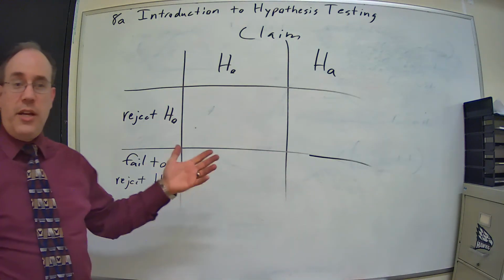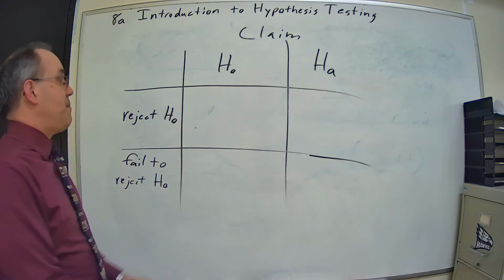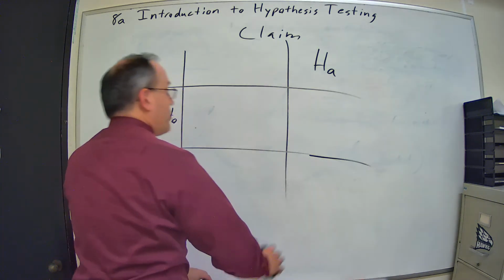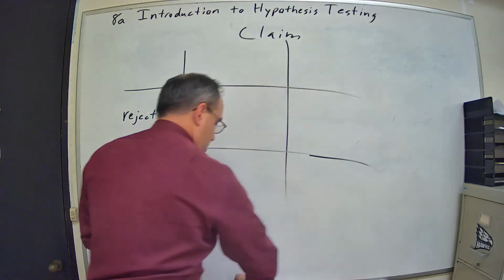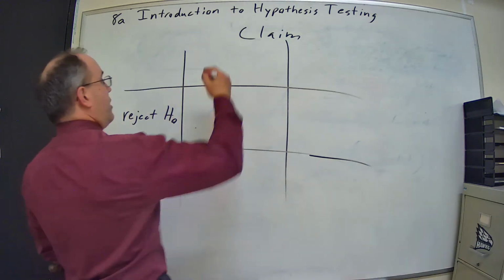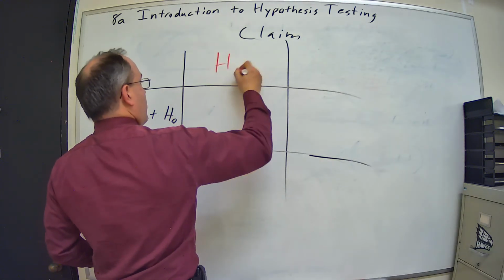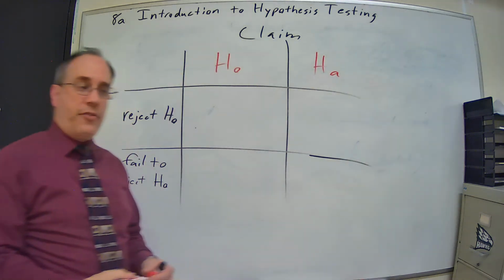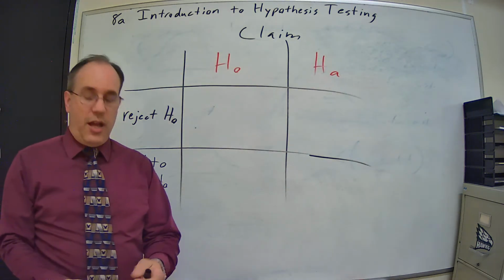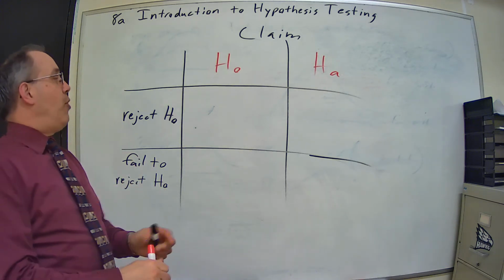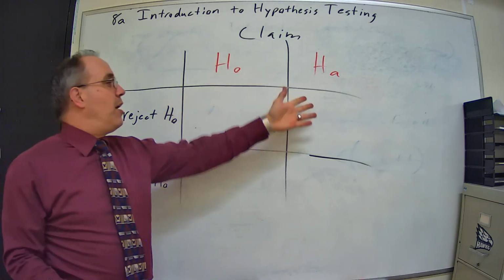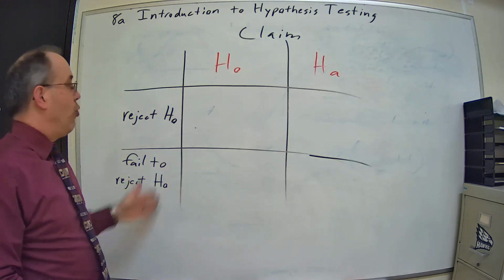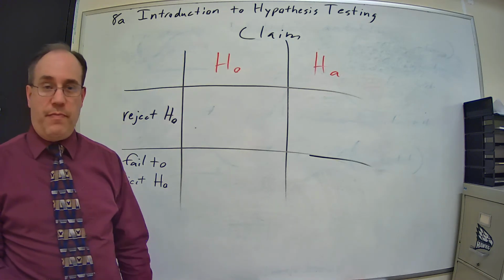This kind of looks like a contingency table, doesn't it? I'm going to put these in red so it shows up nice and clearly: null hypothesis, alternative hypothesis. I'm doing this because I want you to be able to see what part of these final statements come from which part of this.